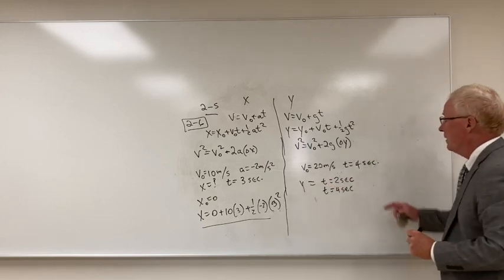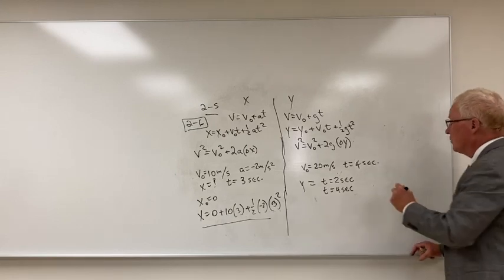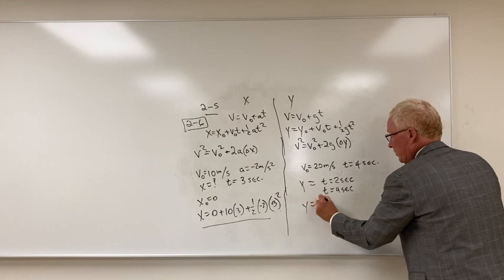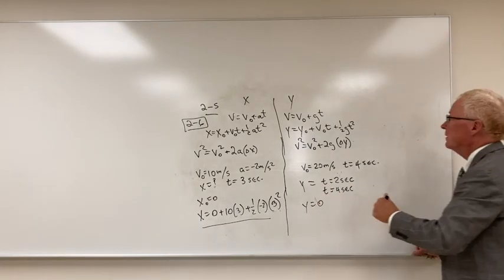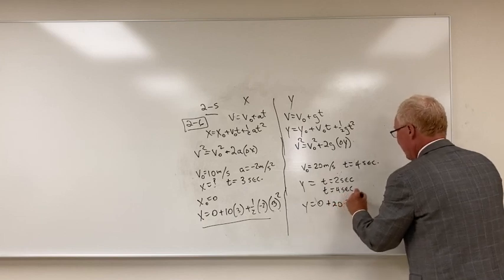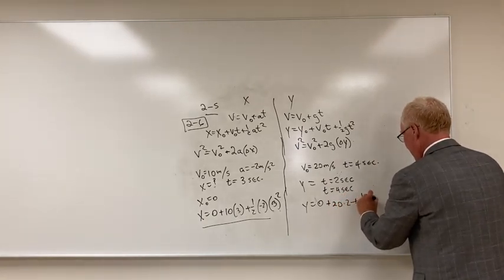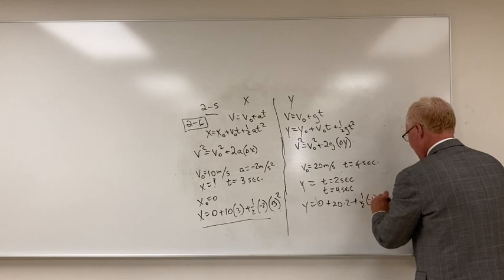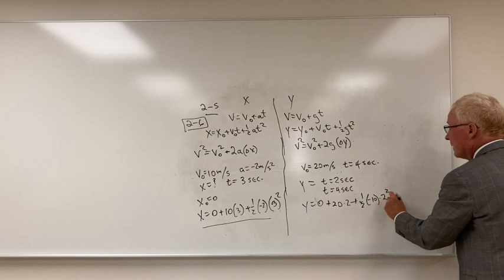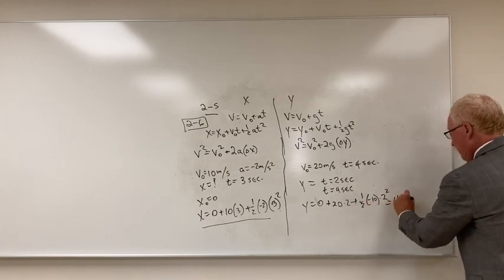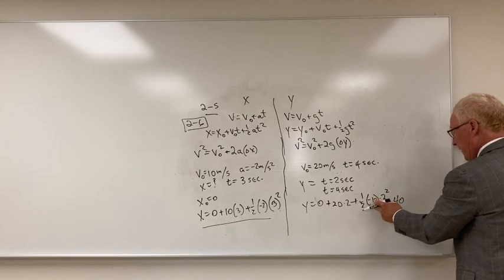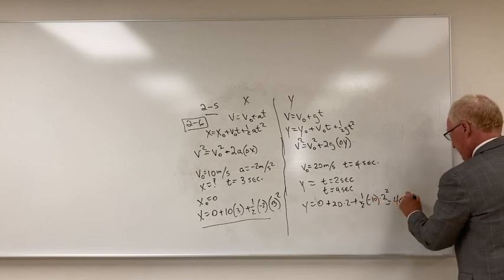Okay, so we're going to do both cases here. y is going to be y0, and that would be 0 because we assume we're on the surface, plus 20 times 2 plus 1/2 times minus 10 times 2 squared.